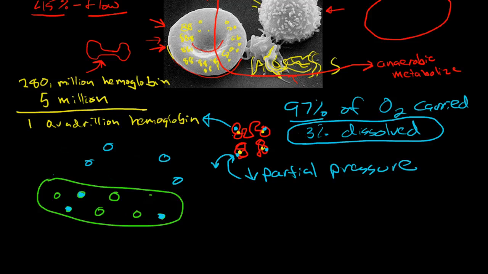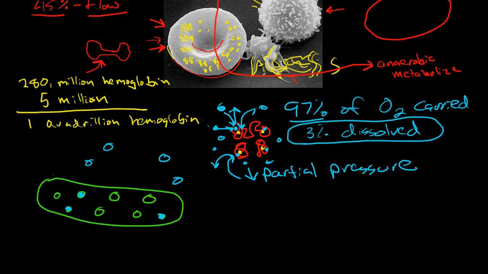So this is kind of what's happening with hemoglobin. The oxygen is all surrounding these hemoglobin molecules, and it's constantly bouncing on and off. One bounces on, loosely connects to the hemoglobin molecule, and then a second later bounces off, and then a new one bounces on, and that stays there for a second, and then that bounces off, and then a new one bounces on.